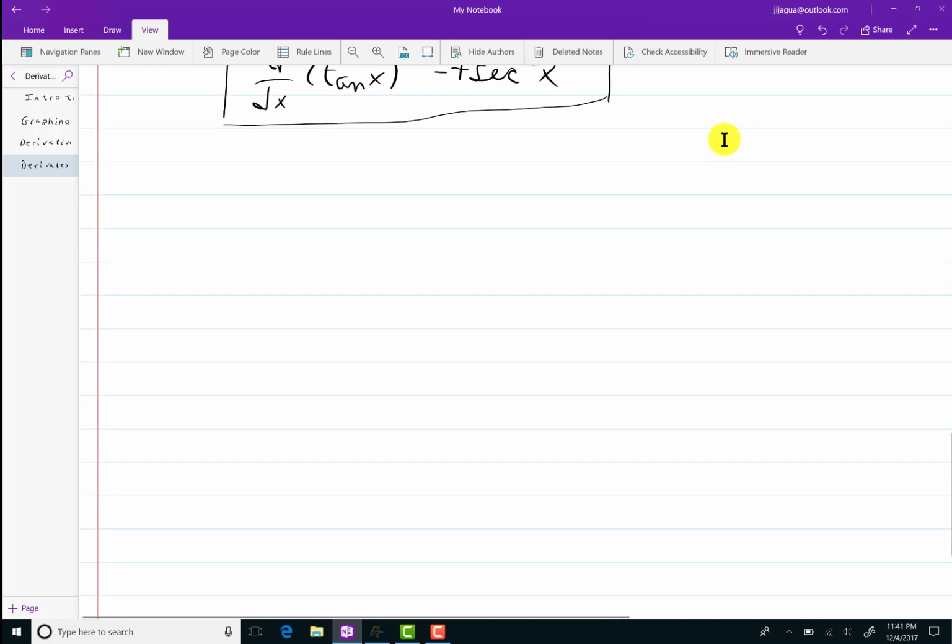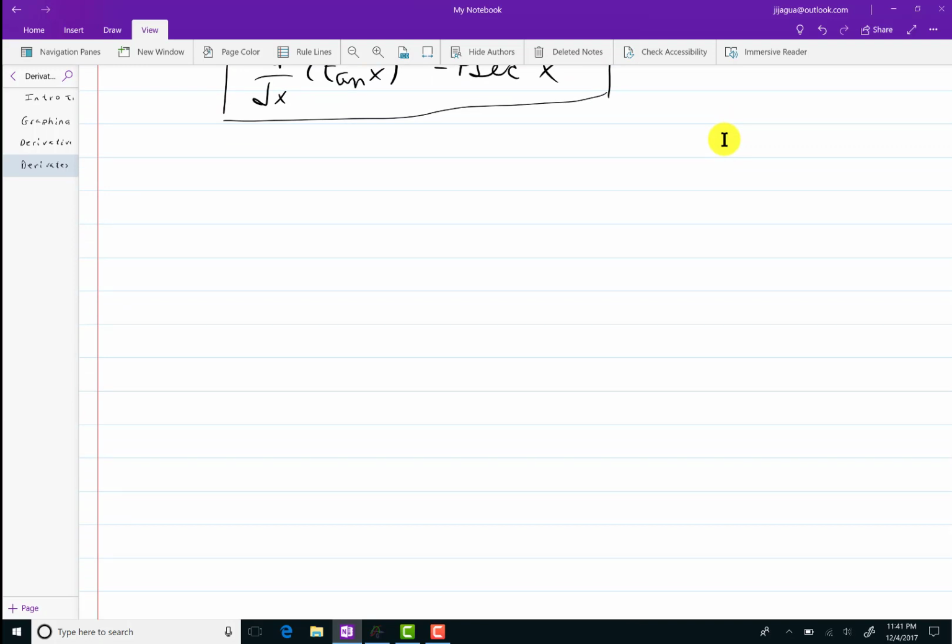Now we have two last trig functions. Let me do the derivative, d over dx, of cosecant of x. Well, that's d over dx of 1 divided by sine of x. And then I'm just going to use the quotient rule.